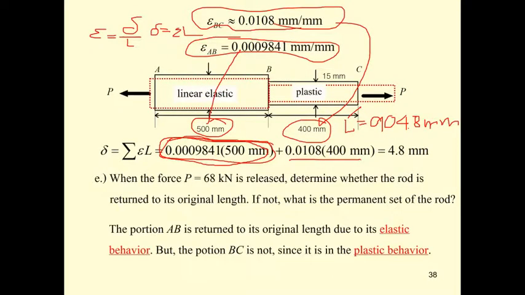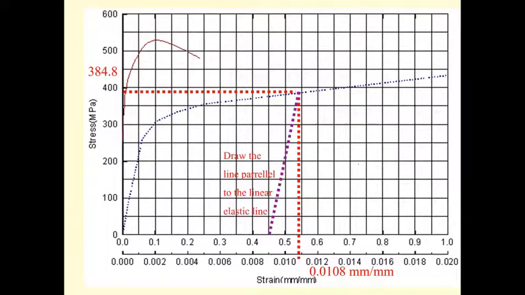Going to the graph again, this time when you release the force, the curve is going to return by strain hardening effects. And you know that this is the height of 384.8.